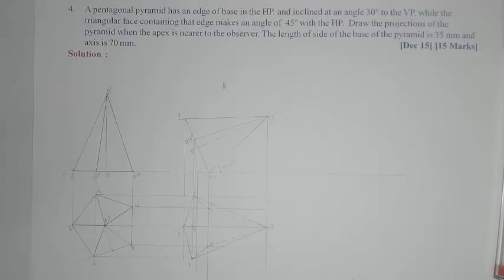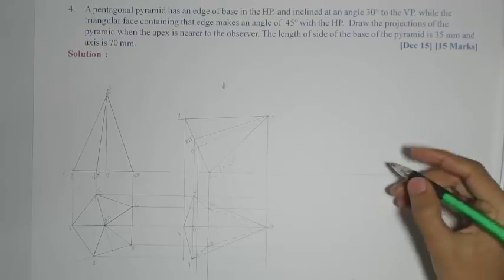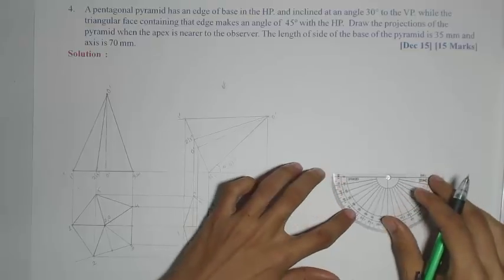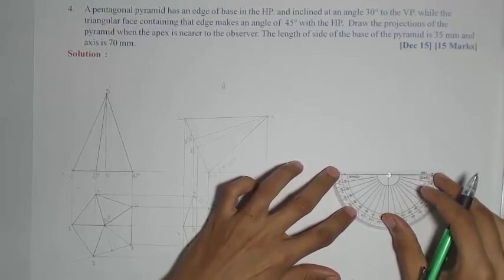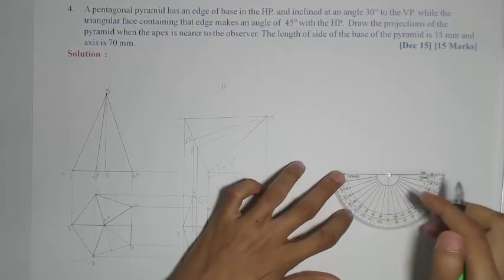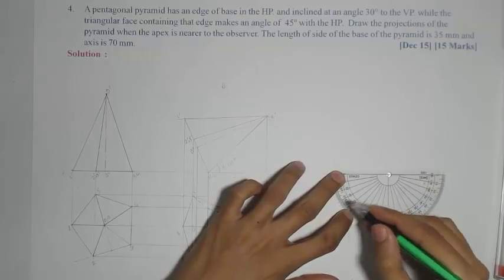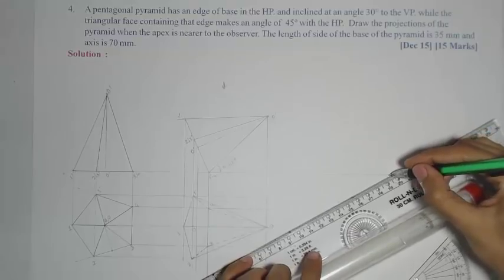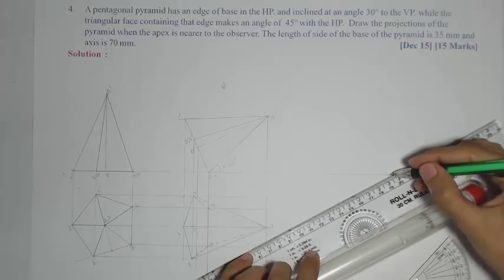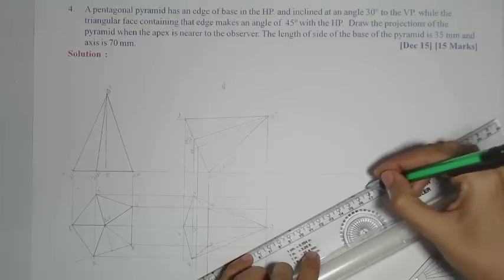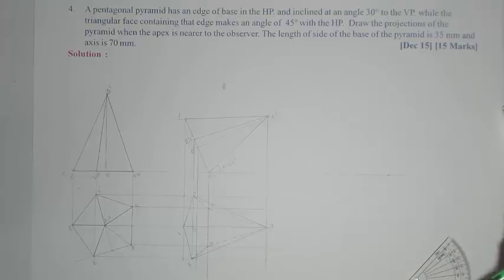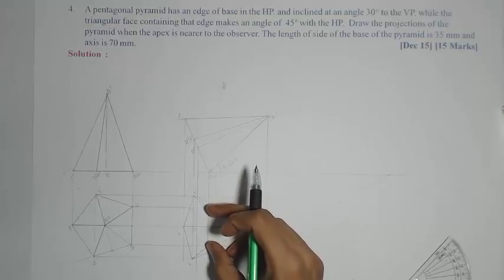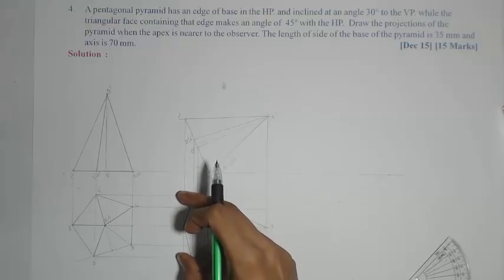So first I will draw the angle of 30 degrees. And we are not directly marking the base edge 3, 4 first, because 3, 4 is parallel to this outer boundary of the rectangle.